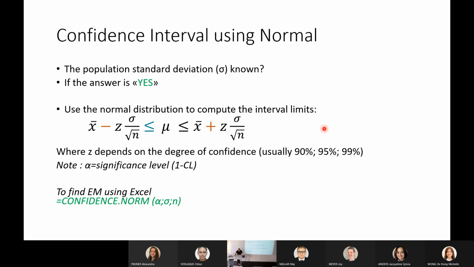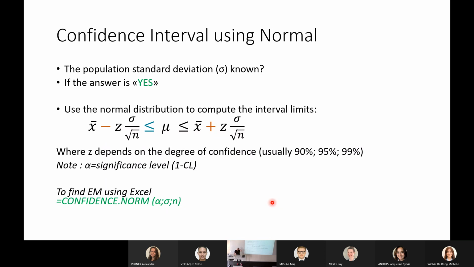Here we have a confidence level. The Z depends on the degree of confidence. If nothing is written in the exercise, we always assume that the confidence level is 95%. Then we have alpha, the significance level, which we will mostly use in our exercises, which is 1 minus the confidence level. And we have to find the error margin as well. The error margin tells us how large the confidence interval is.